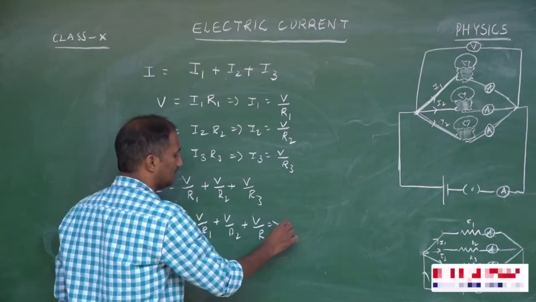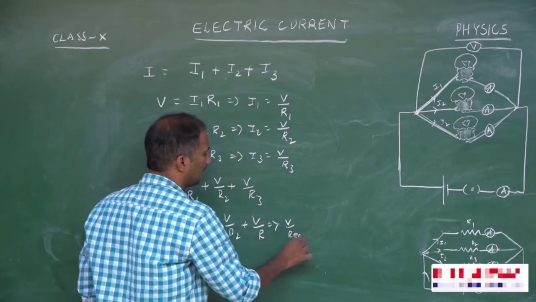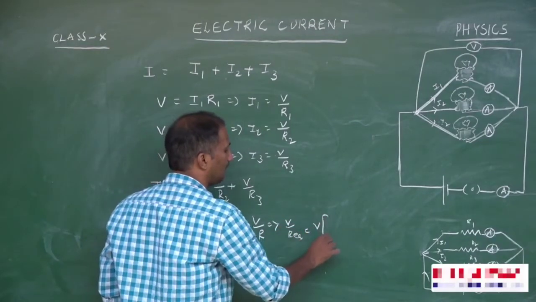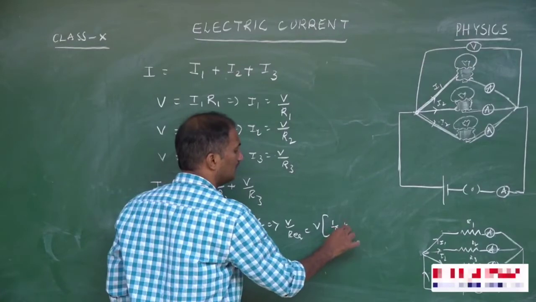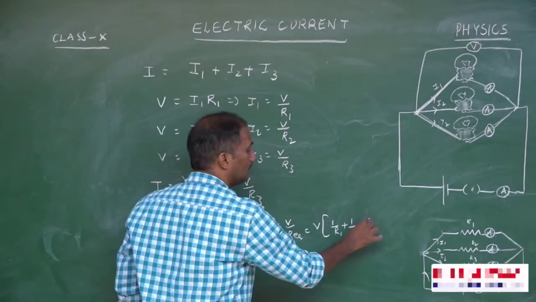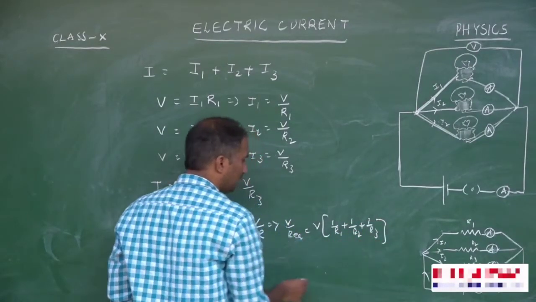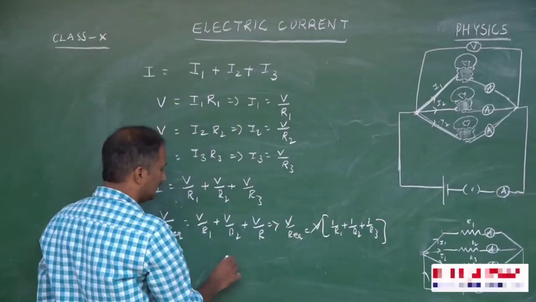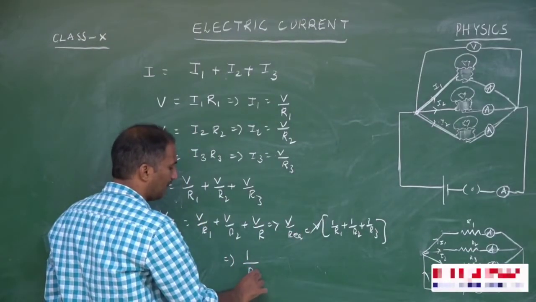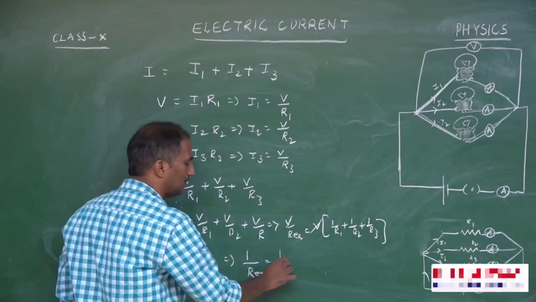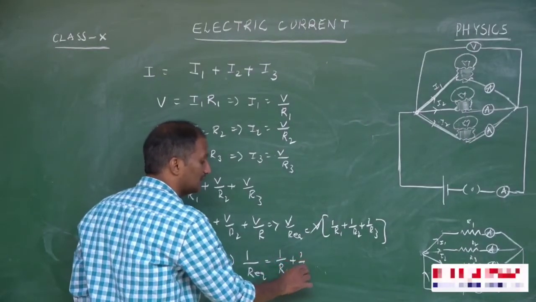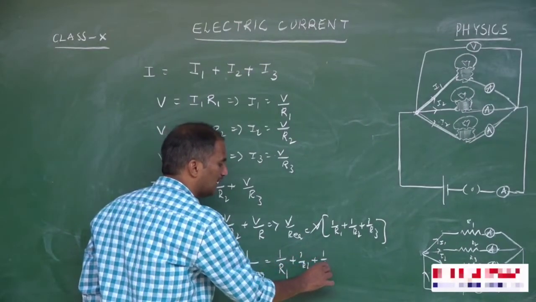That implies V by R equivalent is equal to V times (1 by R1 plus 1 by R2 plus 1 by R3). Now we can cancel V and V. That implies 1 by R equivalent is equal to 1 by R1 plus 1 by R2 plus 1 by R3.